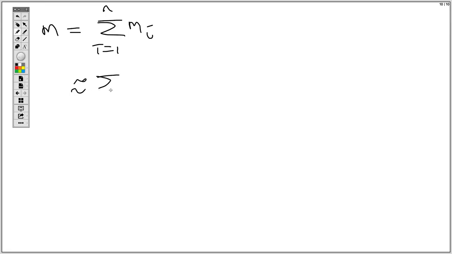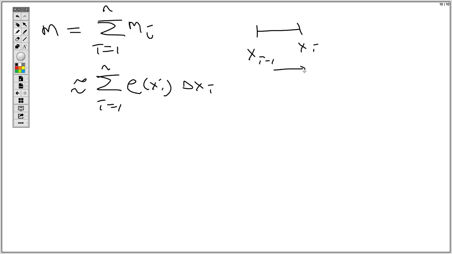And we're approximating the mass of the ith piece by looking at the density at the one endpoint times the delta x sub i. Okay, so if we're on the ith piece here, x sub i minus 1 to x sub i, it's got a length of delta x sub i. We're using the density here at the right endpoint to approximate the density everywhere.